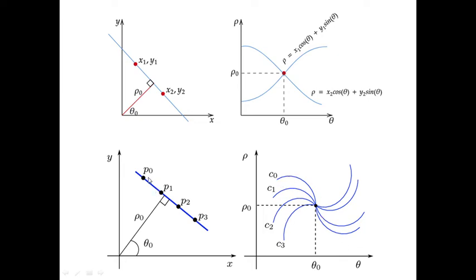So p naught gives me the c naught curve, p1 gives me the c1 curve, p2 gives me the c2 curve, and p3 gives me the c3 curve. Whenever all these four curves intersect at one point, this point is nothing but this line. So this entire line is mapped to a point in my parameter space. This is the conversion into a parameter space.